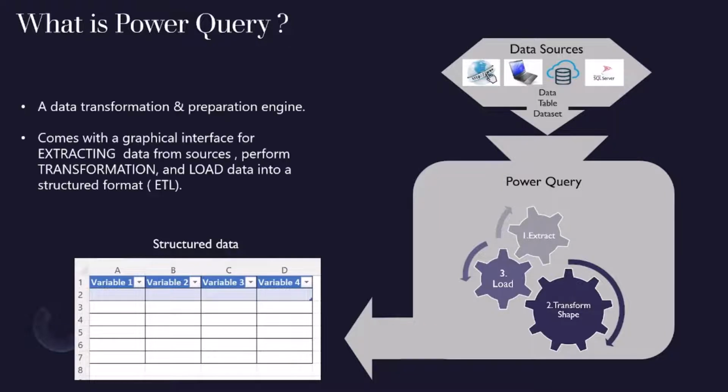So basically, Power Query is an engine allowing you to do data transformation and preparation. And as I just explained, it comes with a graphical interface for extracting data from your sources, performing transformation, and loading data into a structured format.